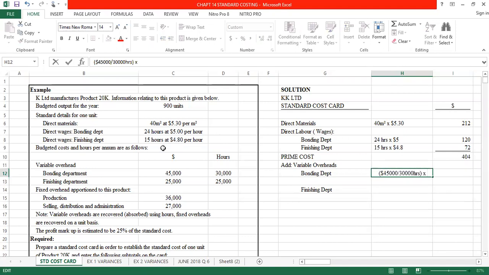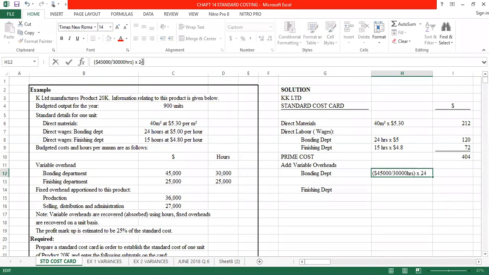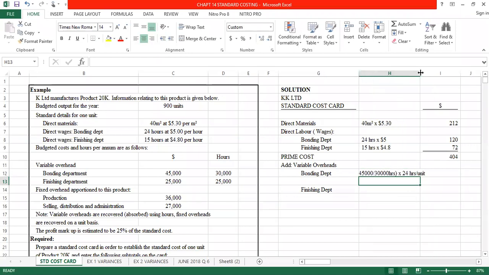And then you ask yourself, how many hours were used for 1 unit? The hours used per unit is 24 hours per unit.